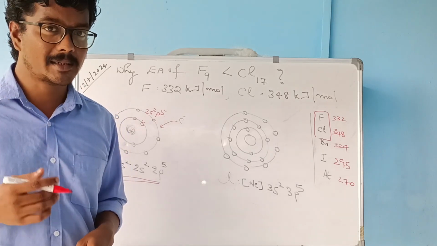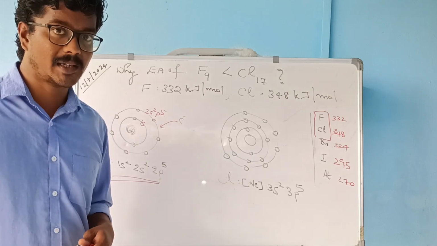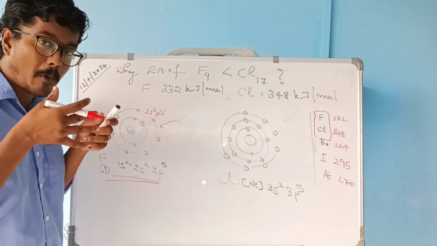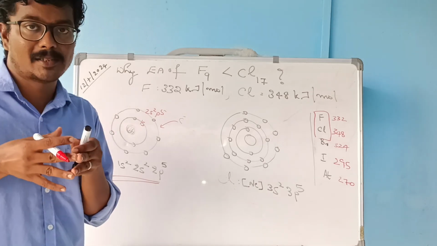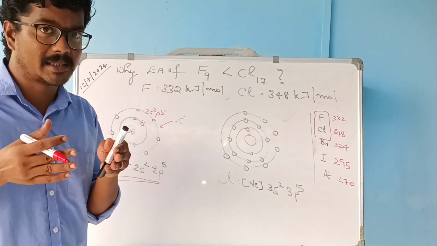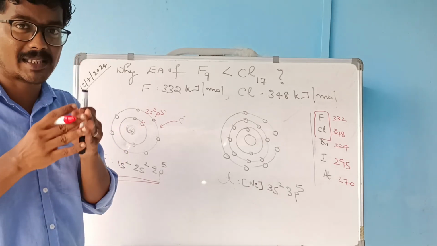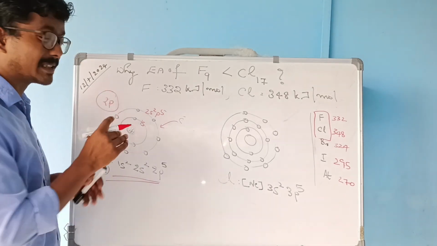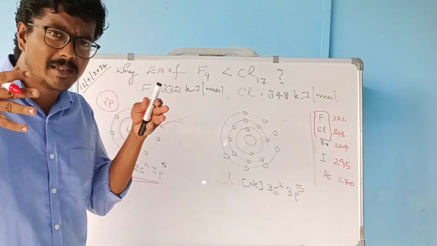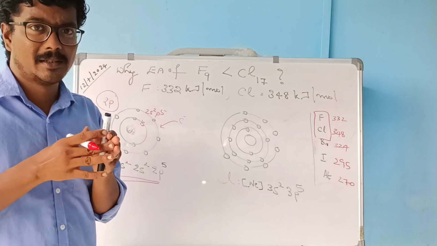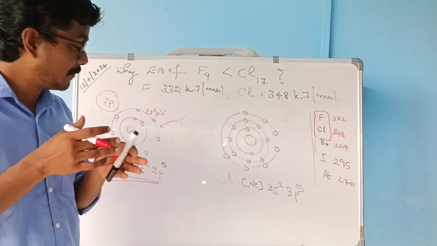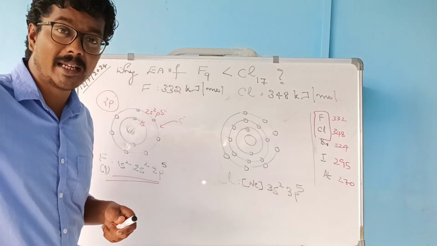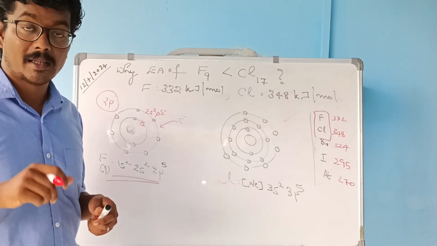I have already taken a class on electron repulsion. Because of the very compact size of the fluorine atom, and the very small size of the 2p sublevel, it contracts towards the nucleus. So due to this contraction, the nucleus will attract the incoming electron towards itself.